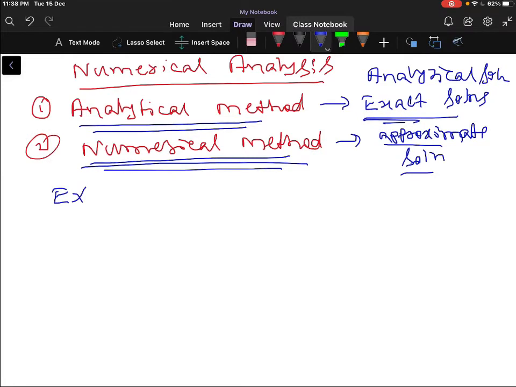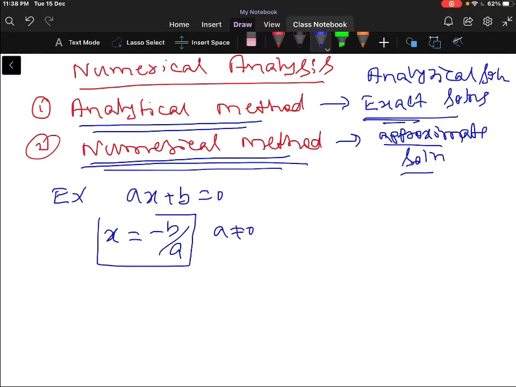For example, ax plus b is equal to 0, x is equal to minus b by a, where a is not equal to 0. x equal to minus b by a is an exact solution of the equation ax plus b is equal to 0. So let us take another example. ax square plus bx plus c is equal to 0.